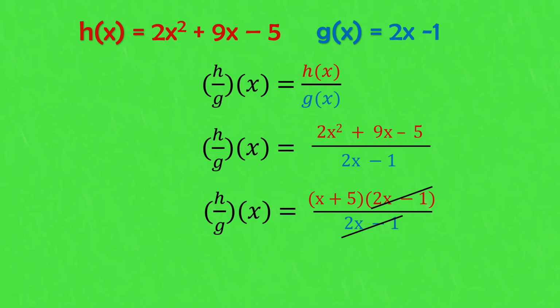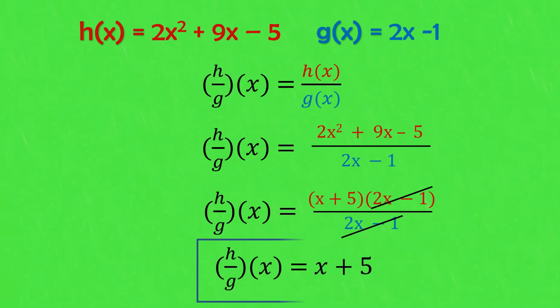And 2x minus 1 divided by 2x minus 1 is equal to 1. After canceling out, h divided by g of x equals x plus 5. So, our final answer would be h divided by g of x equals x plus 5.